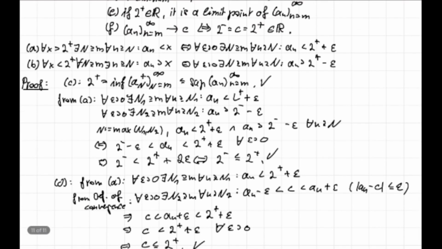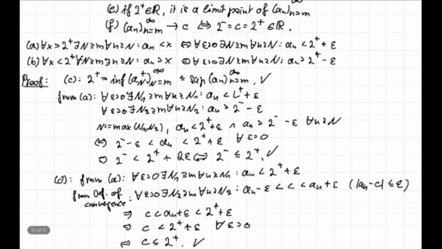Okay, now we are going to prove E. If L plus is a real number, then it is a limit point of the sequence an. We will just take back in mind what we need to prove, that L plus is a limit point of the sequence.